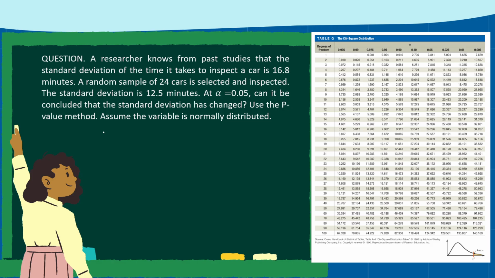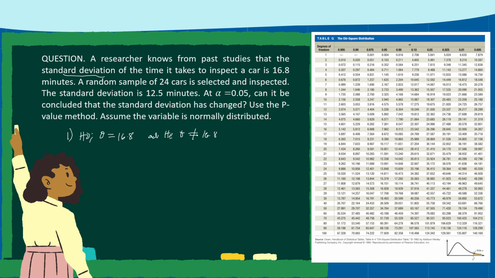So the first step that we're going to have is, again, we have to identify our hypotheses. Since we're talking about the standard deviation, our H0 is that the standard deviation is equal to 16.8, and our H1 is that the standard deviation is not equal to 16.8.